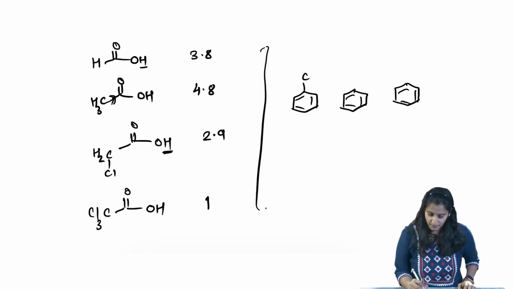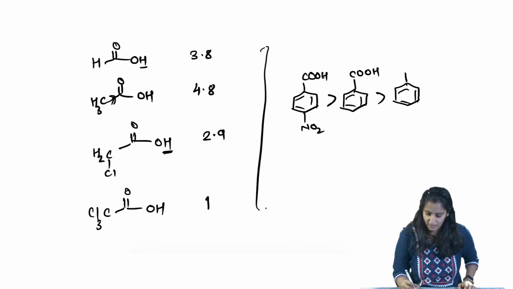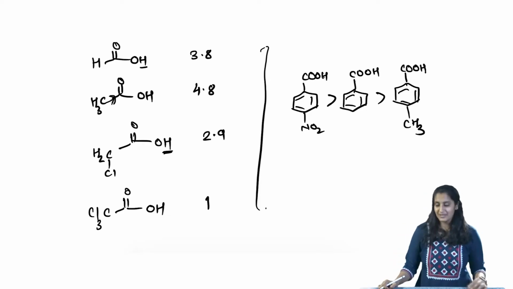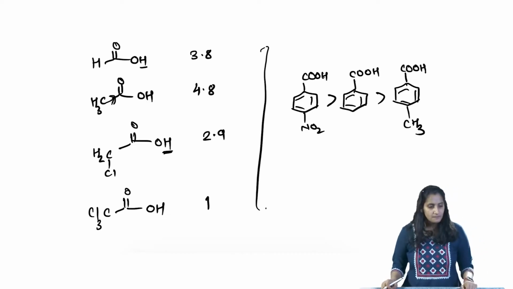For example, para-nitrobenzoic acid is more acidic than regular benzoic acid, and that is more acidic than para-toluic acid. So, depending on the stability of the conjugate base, the acidity is going to change.